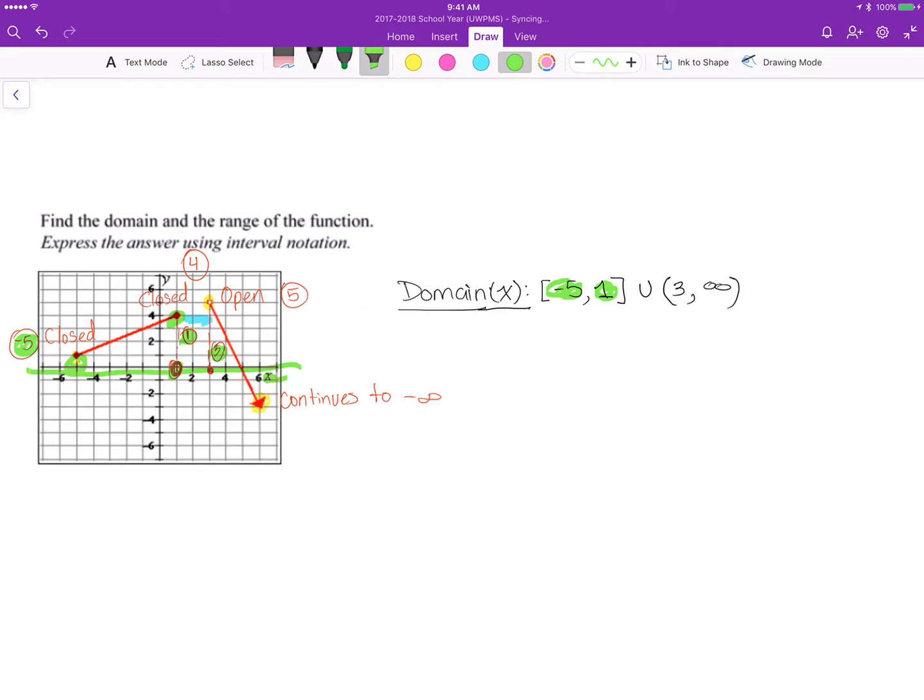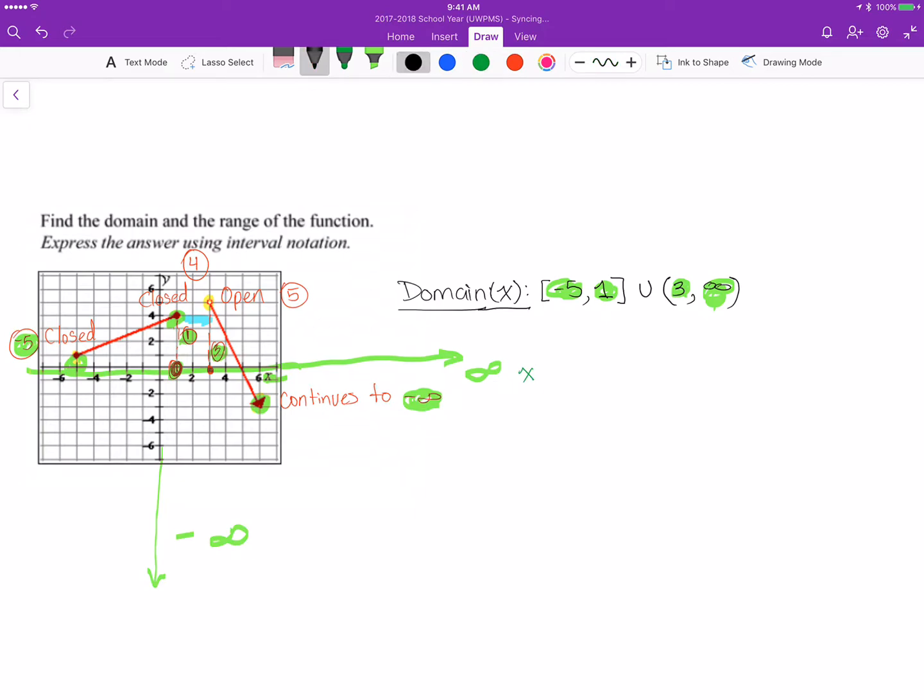The 3 open came from here. And this little arrowhead is that -infinity because it's going down here to -infinity. And it's also going here to infinity. Guys, I don't know why I forgot to do that, but it also goes in the x value to infinity right here. Okay, so that's my domain.